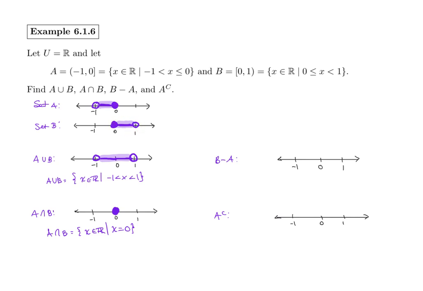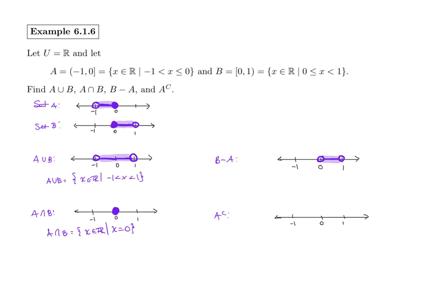So all I'm going to do is take set B here and remove 0, which is the same as emptying the circle at 0.